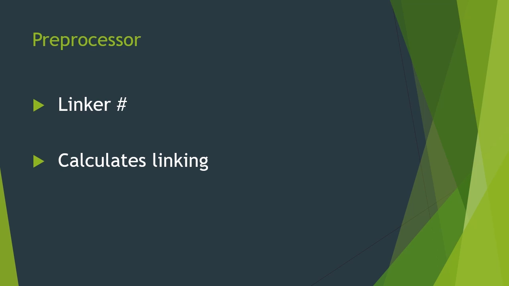So the preprocessor checks to see if the string document exists, and if it does, it links it. Then it tells the compiler where it is, and calculates the fastest and best way to link them together.